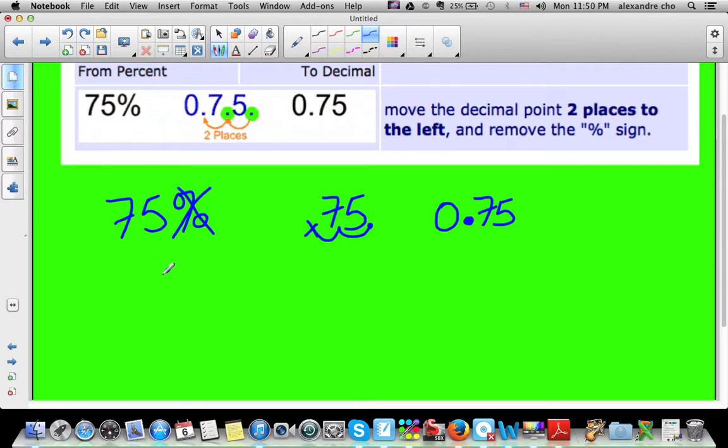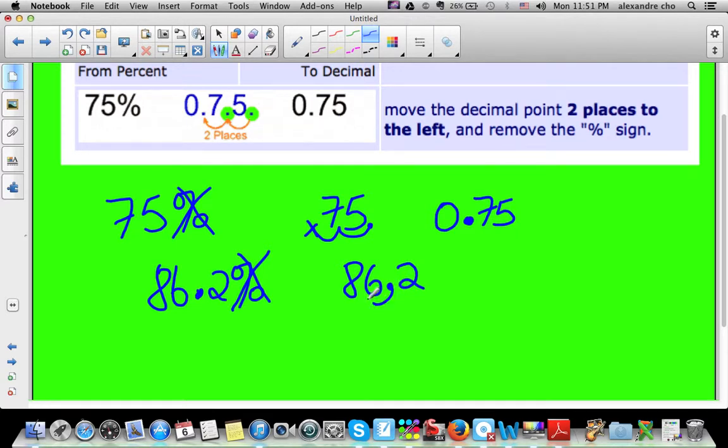Let's try another one. Let's try 86.2%. Let's try an example that already has a decimal in it. Step 1 is to remove the percent sign. That goes out. Let me write it again. So you have now left 86.2. Nothing changes. Step 2 to this problem would be to move that decimal 2 places to the left.